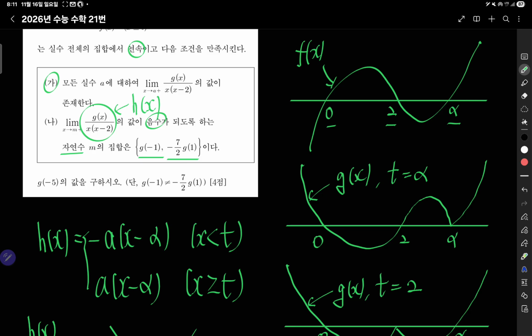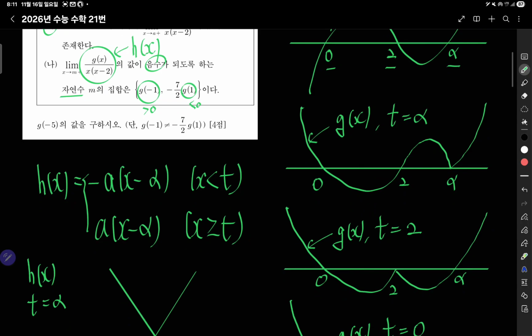And when we think of the sign, because these two values are natural numbers, both should be positive. So g of minus 1 should be a positive number, greater than 0. And if we only look at the sign of g of 1, because of this negative sign, to make the whole term positive, g of 1 should be less than 0.